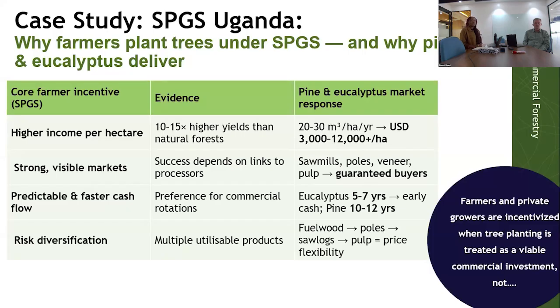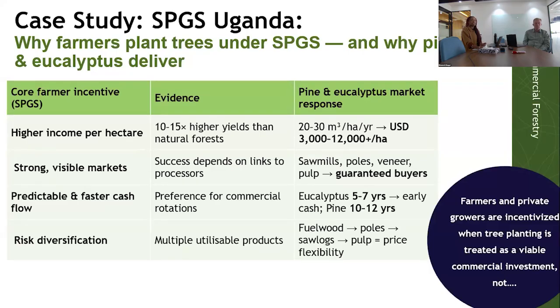So basically, what was observed with this program, and thank you so much to Chris for bringing up the Byron study, was that very similar to the Byron study, farmers were only incentivized to plant if certain conditions were met in the program. So I've just highlighted some of these conditions, which is a higher income per hectare.